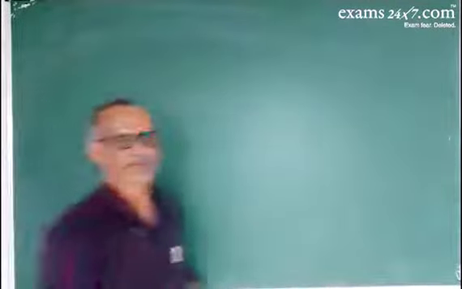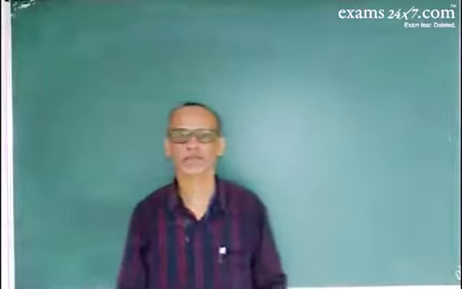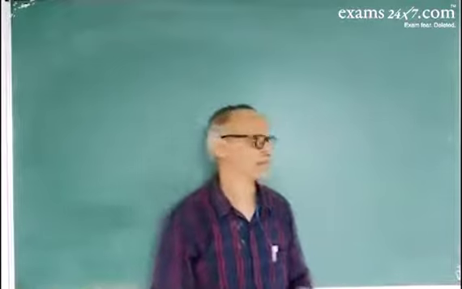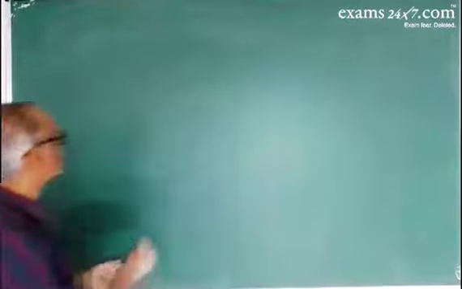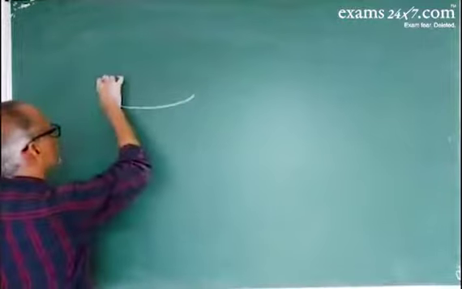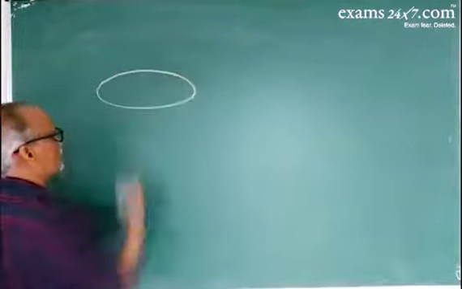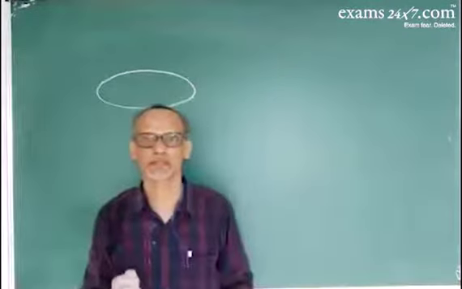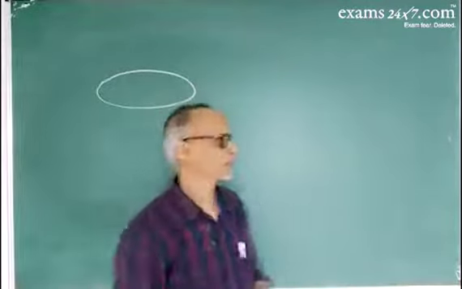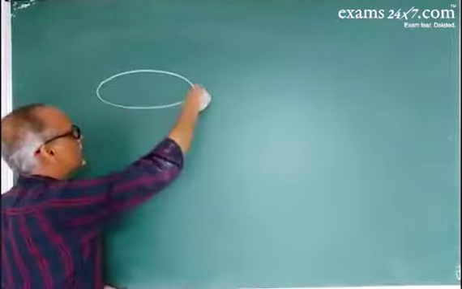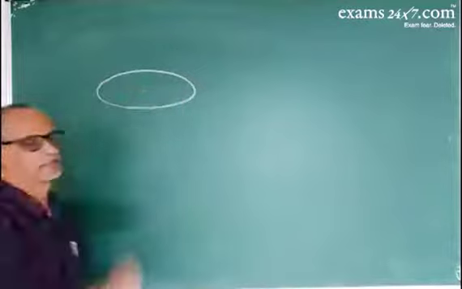One more example of two-dimensional motion is uniform circular motion, where a body moves in a circular path with constant speed, not constant velocity. What do we mean by constant speed? It describes equal distances in equal intervals of time.